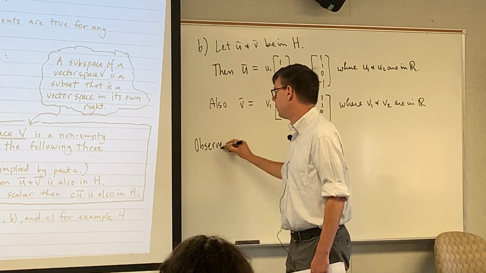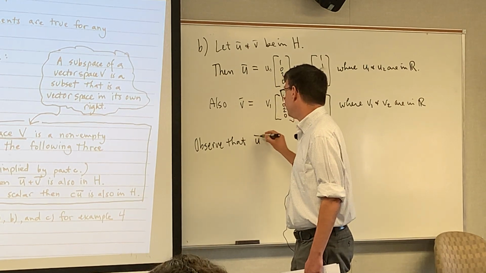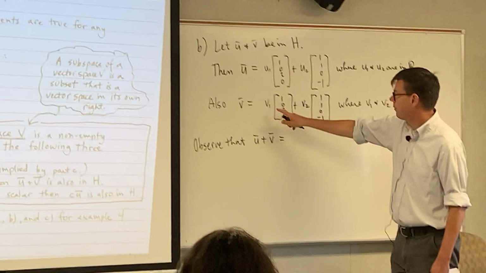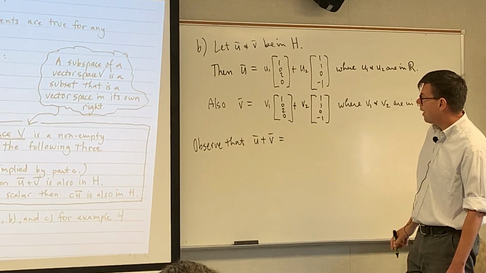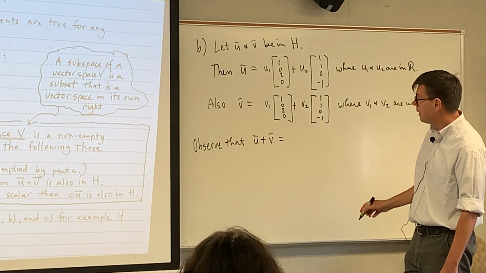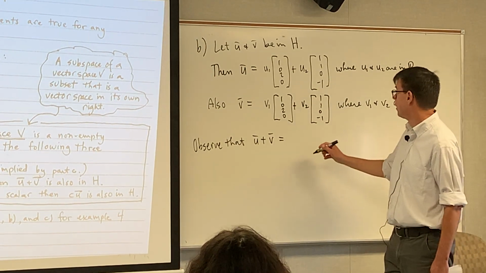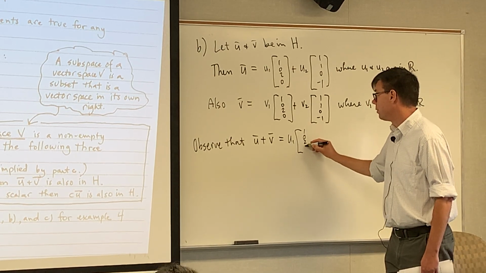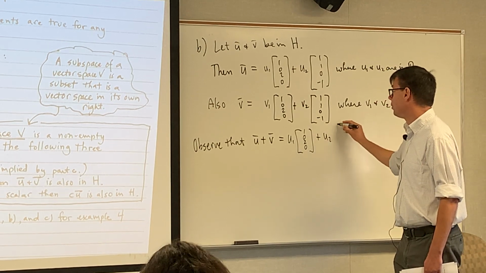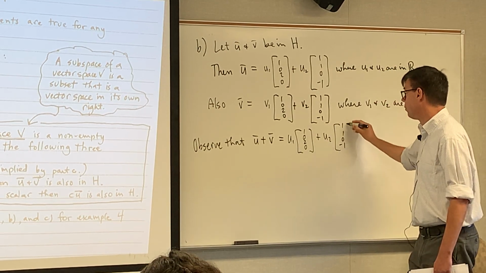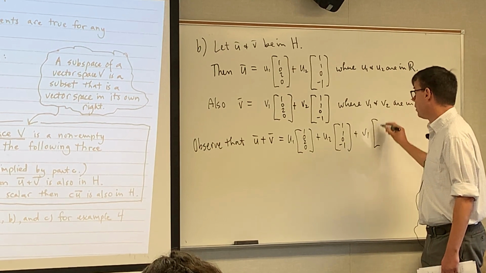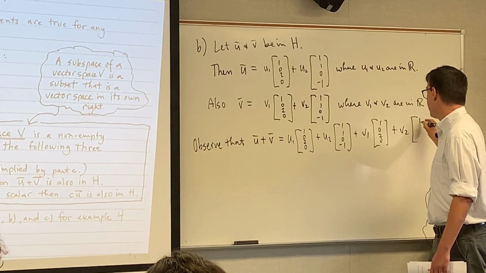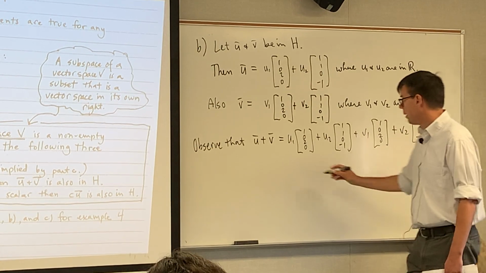Observe that U plus V, which is going to equal this stuff plus this stuff, can be written as U1 times 1, 0, 2, 0 plus U2 times 1, 1, 0, negative 1 plus V1 times 1, 0, 2, 0 plus V2 times 1, 1, 0, negative 1.